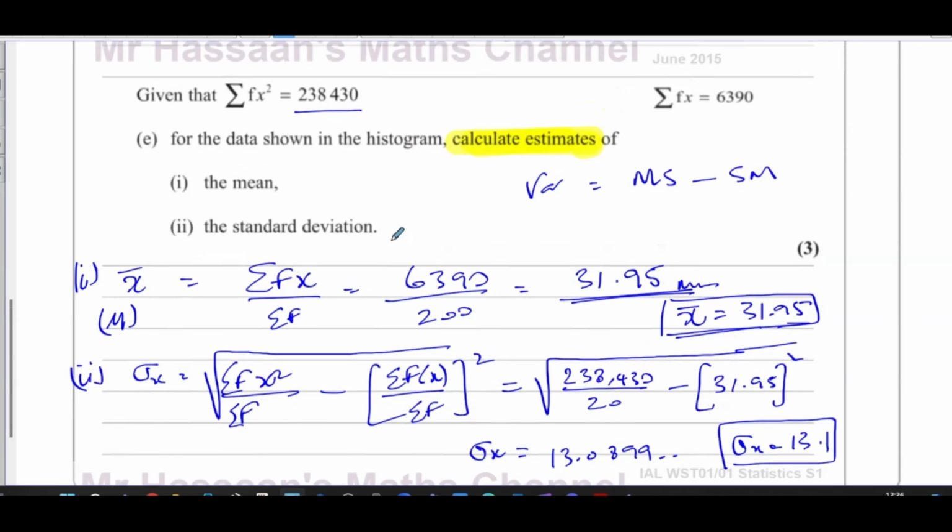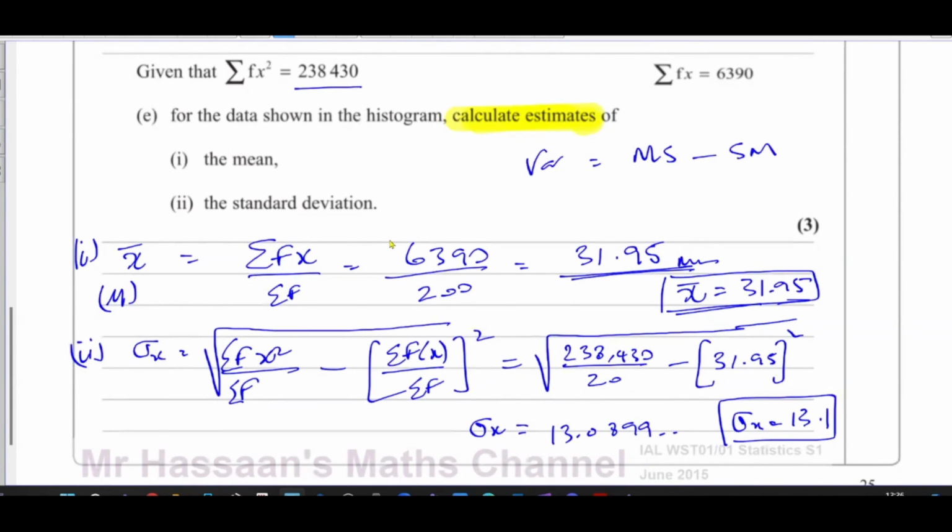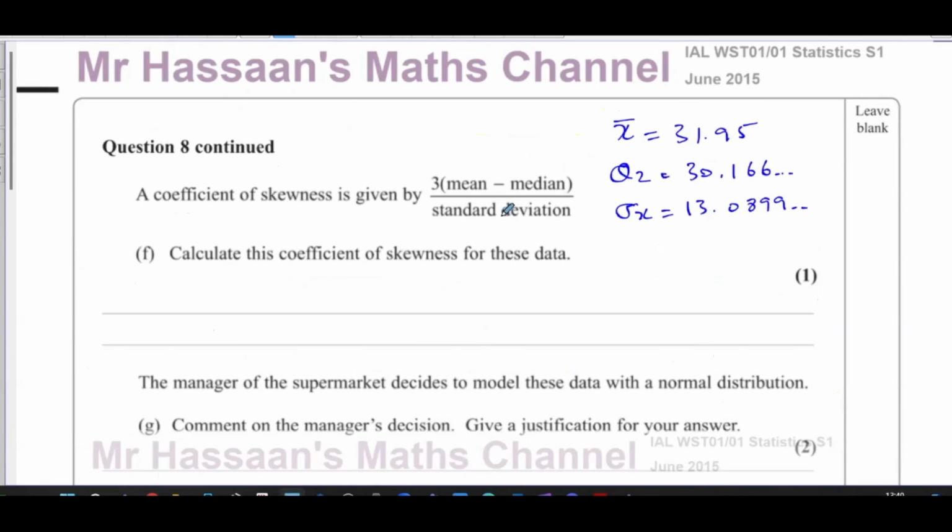The next part of the question, part F, says a coefficient of skewness is given by 3 times the mean minus the median, over the standard deviation. Calculate this coefficient of skewness for these data. So I've collected the mean, the median, and the standard deviation values that we found, and I've put them in their more precise forms before rounding, and we're going to use that to find the measure of skewness.